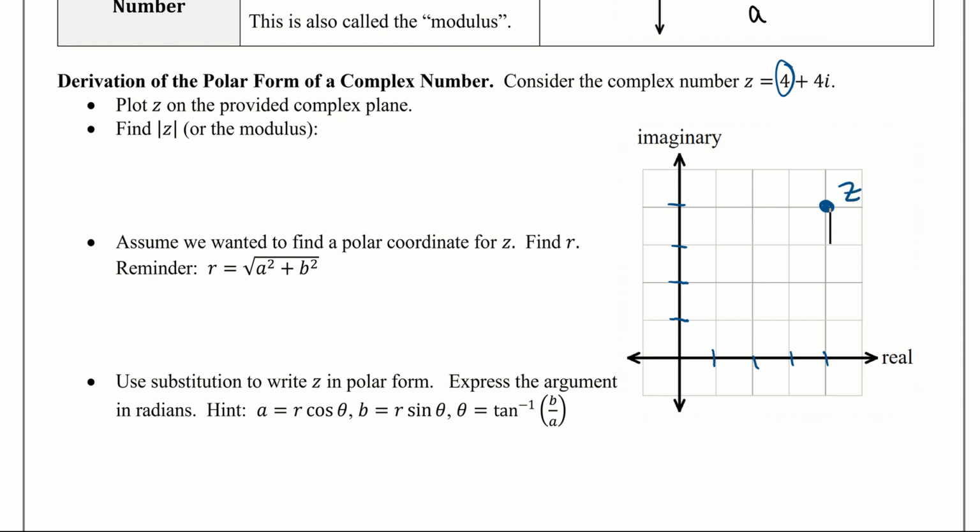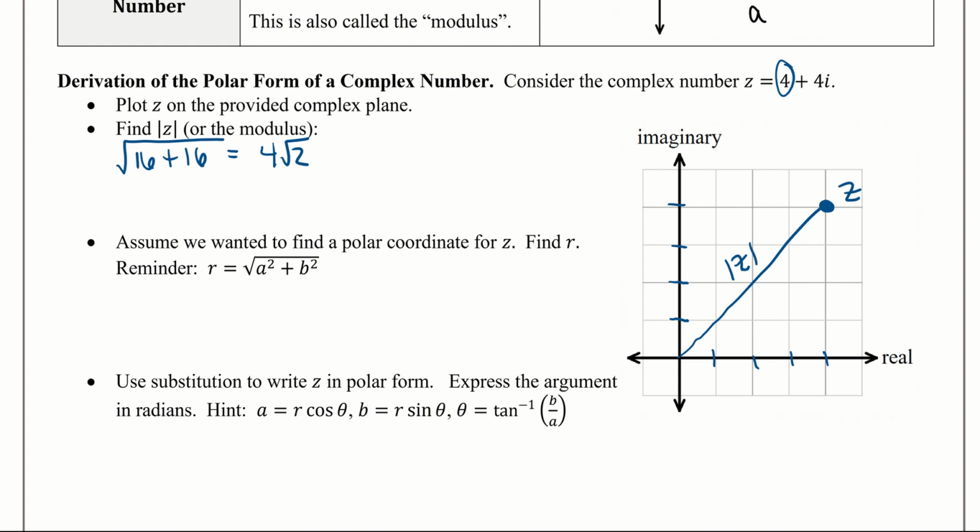So if I want to find the absolute value of z, or the modulus of z, which would basically be the length from the origin to point z, I'll just do the Pythagorean theorem of 4 squared plus 4 squared, which is square root of 32, or 4 root 2 if you simplify that number.